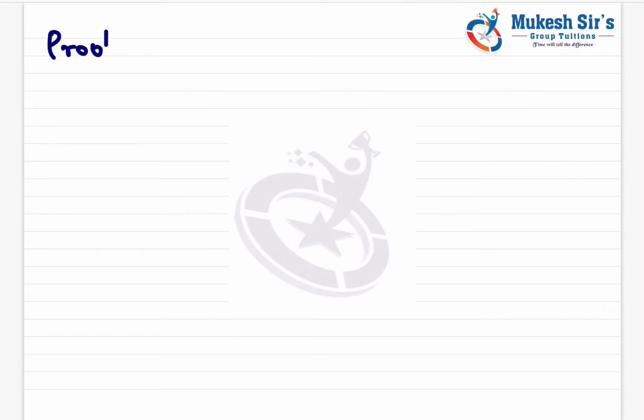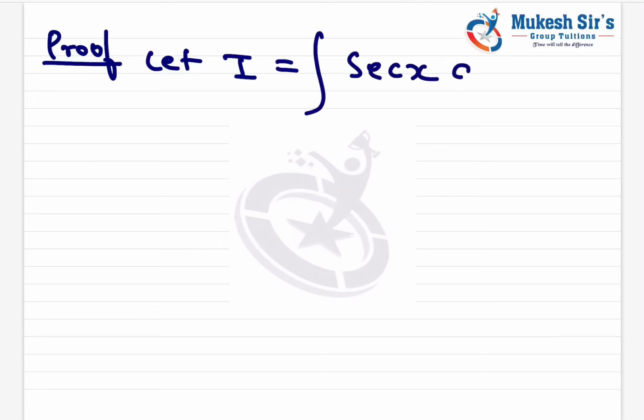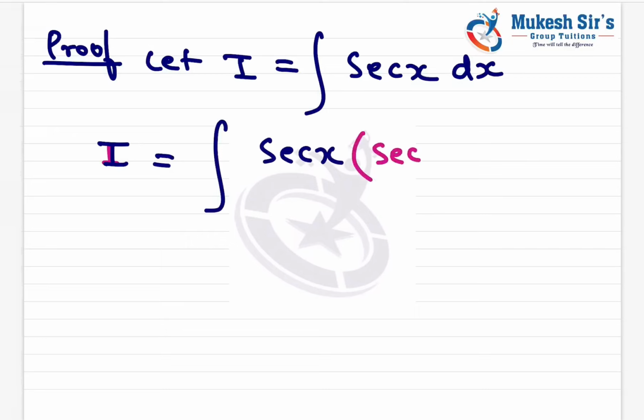So let I is equal to integration of sec x dx. Here we multiply and divide by sec x plus tan x. So you can write integration of sec x into sec x plus tan x upon sec x plus tan x.